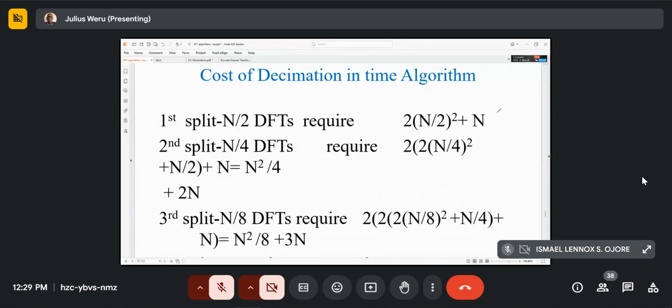So if you have n/2, then it will be n/2 squared. And since there are two, remember there is S1 and S2, you multiply by 2. And for each of them, you do n/2 multiplication.